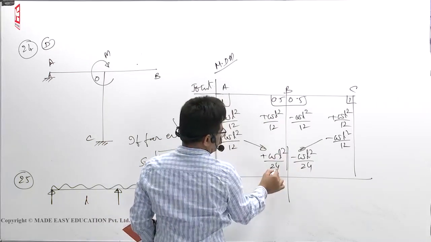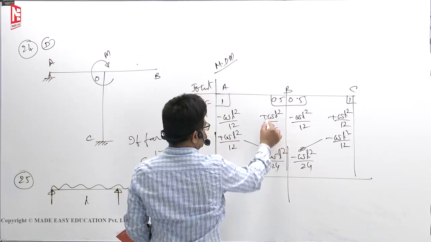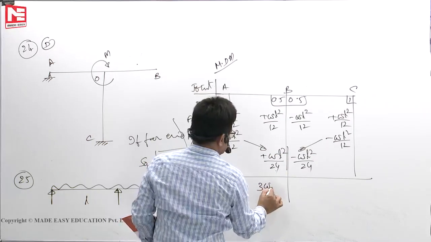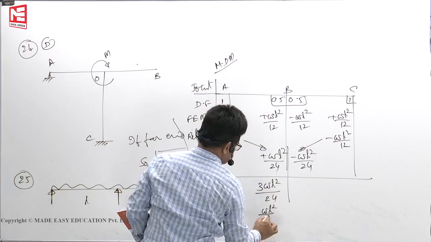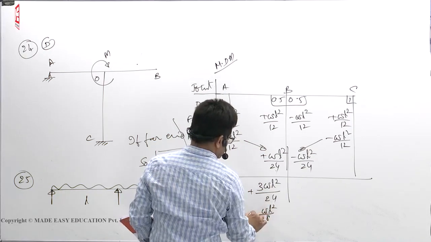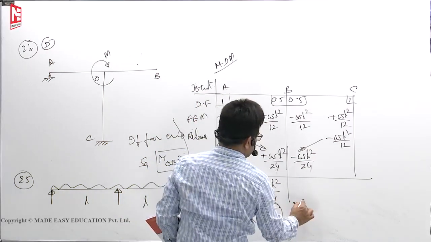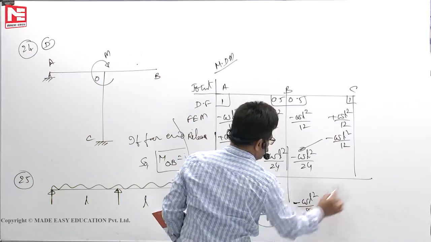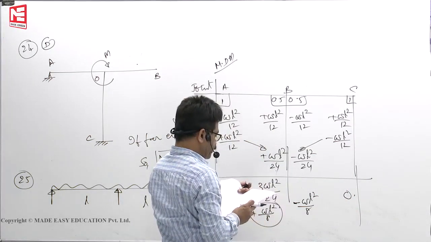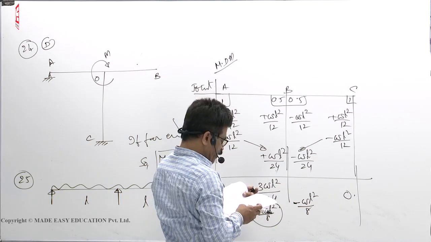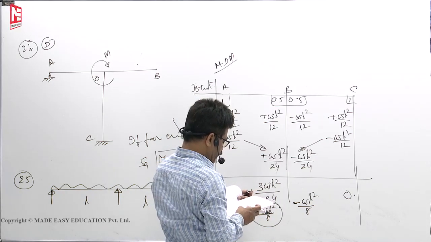Then 24 common. 2 plus 1, 3. 3 WL square by 24. That means WL square by 8. So plus WL square by 8, naturally minus WL square by 8, 0. So WL square by 8 is one of the options. Moment at the middle support is WL square by 8.